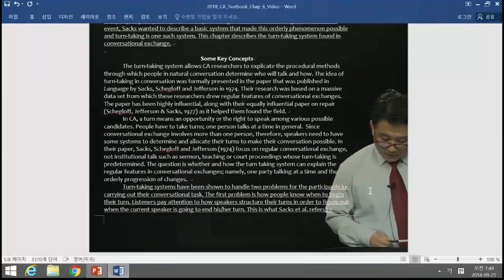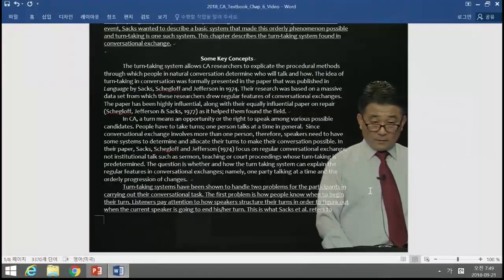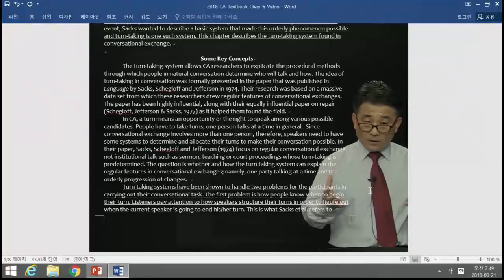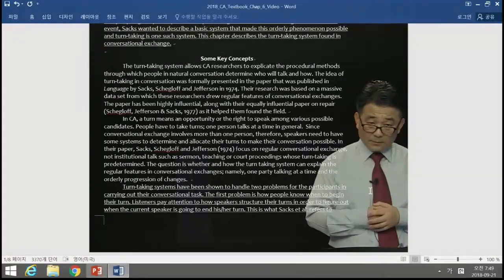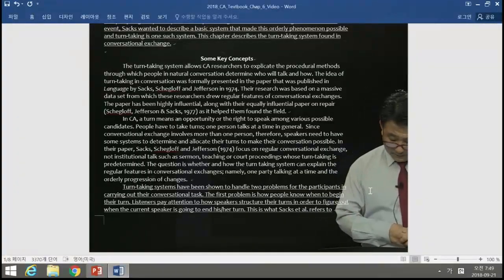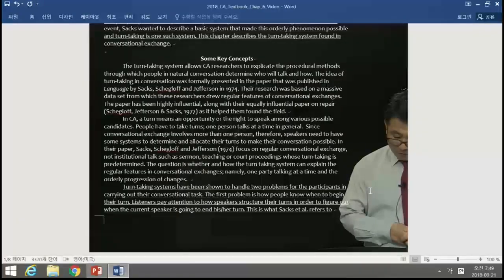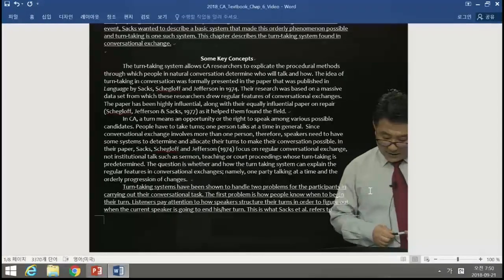The first problem is how people know when to begin their turn. Unless they know how to begin, turn-taking can't happen, because otherwise there are going to be a lot of problems. Listeners pay attention to how speakers structure their turns in order to figure out when the current speaker is going to end his or her turn.